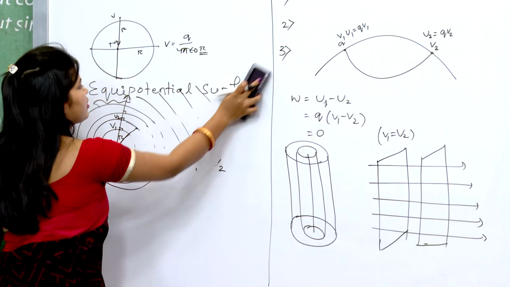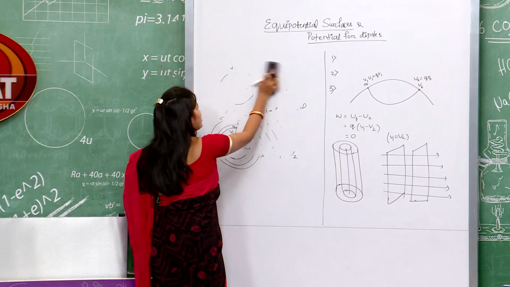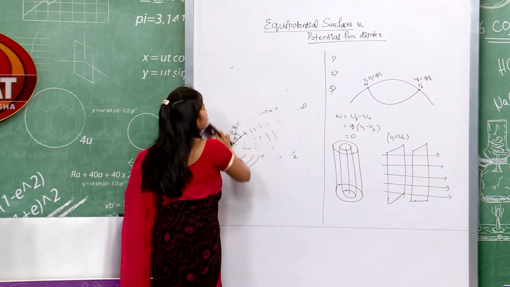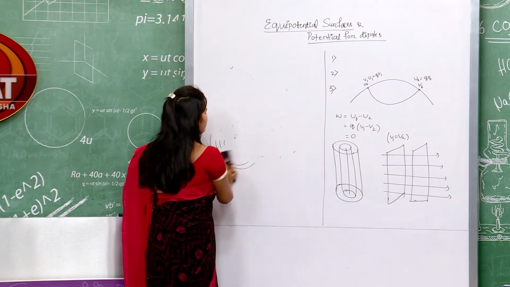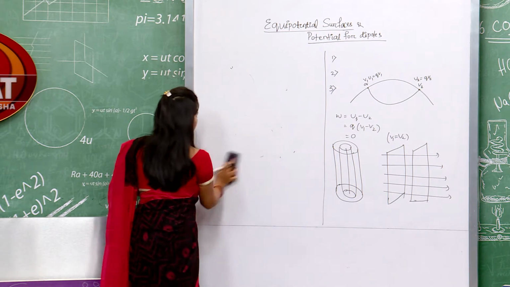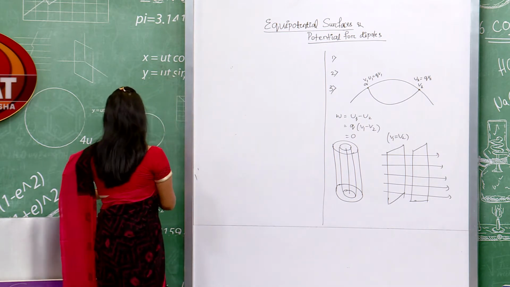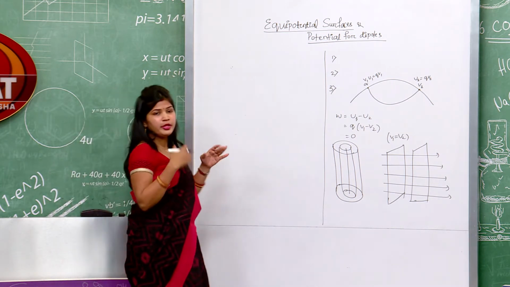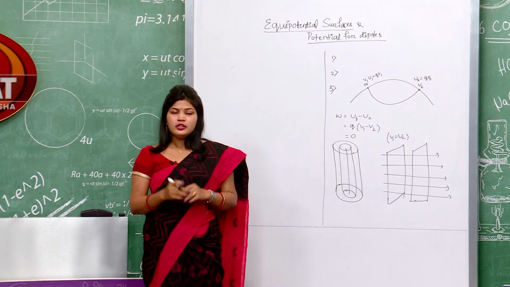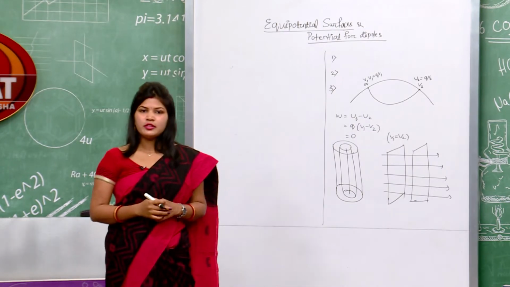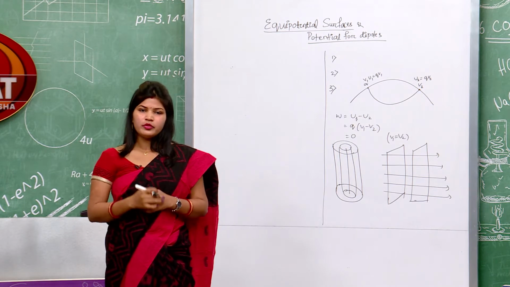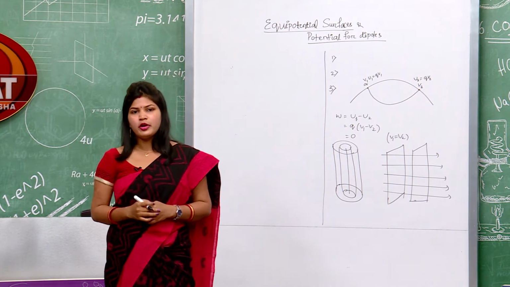Now, we will discuss the shapes of the equipotentials for dipoles. Let me recall what is a dipole. Due to polarization of charges in an atom or molecule, a dipole forms.